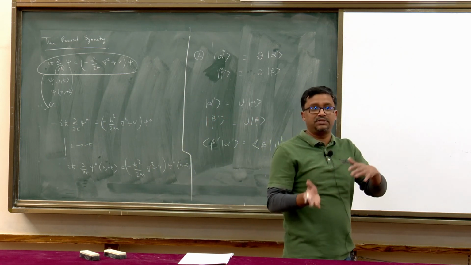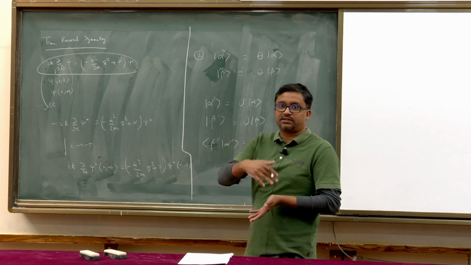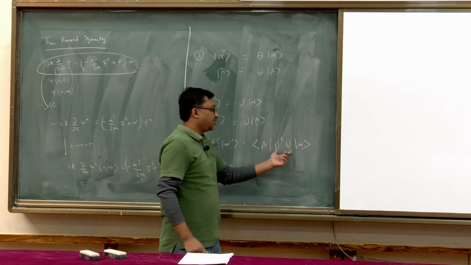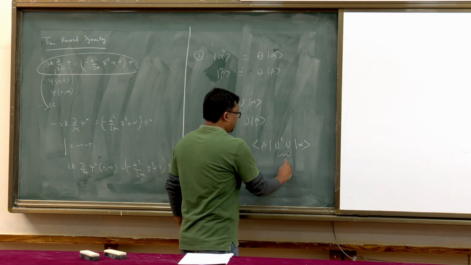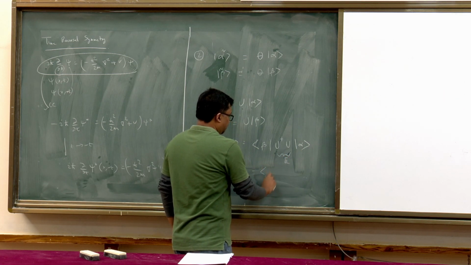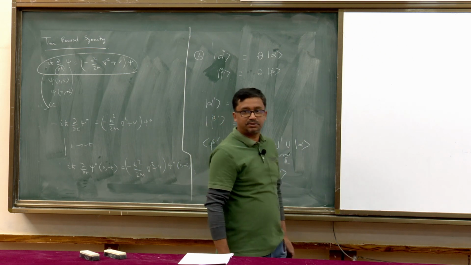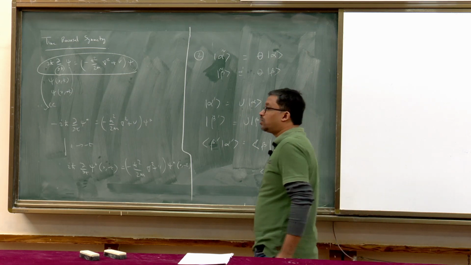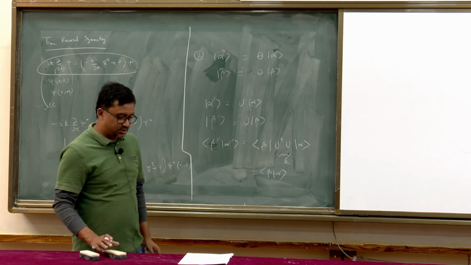So, you transformed in certain direction and then you take the dagger, it is transforming in the other direction. So, as if you are doing nothing if you are combining them together. So, this is an identity which means that your inner product did not change if you had a general unitary transformation. Okay? But that is not going to be true in time reversal symmetry or time reversal operator.